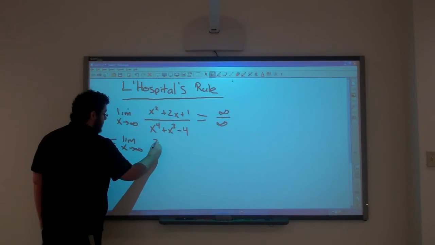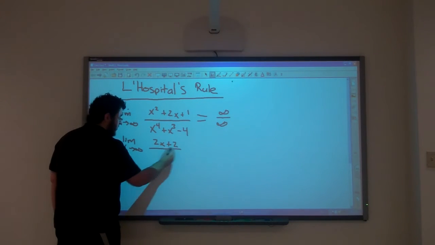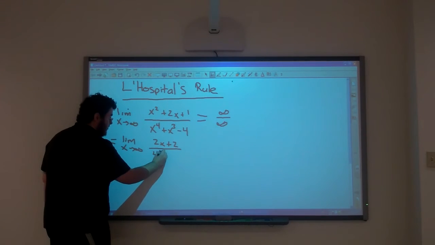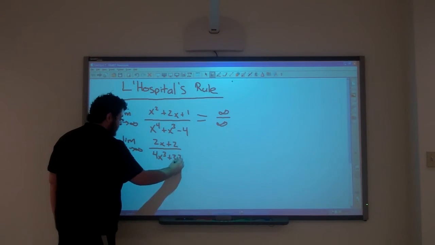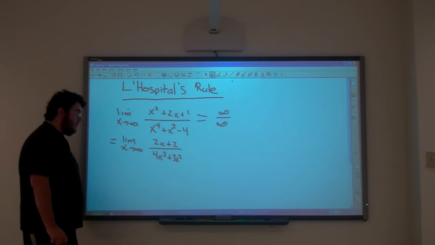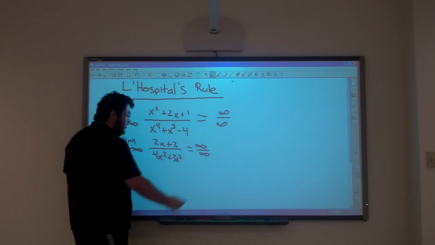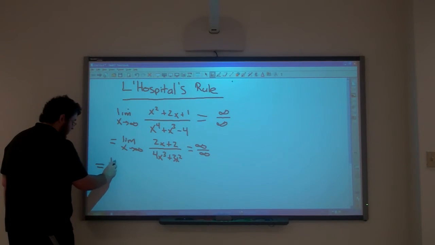So the derivative of the top is 2x plus 2 divided by the derivative of the bottom, 4x cubed plus 3x squared. Okay, well, again, we have infinity over infinity. So we're not quite done. So what we can do is we can use L'Hopital's rule a second time. So we just take more derivatives.